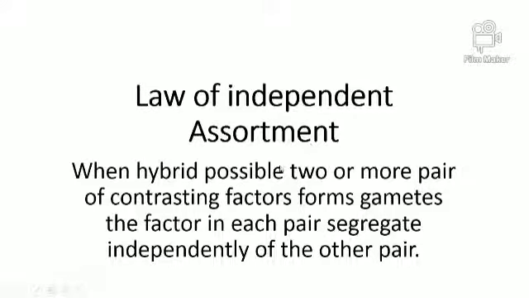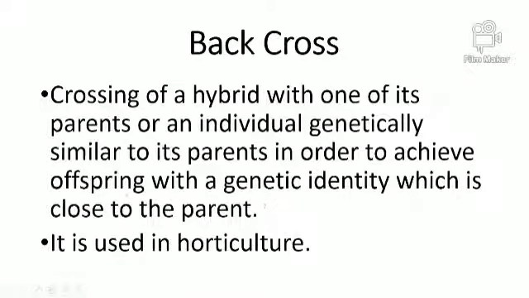So even though two or more contrasting factors are present in the gamete, each is responsible for the next factor coming in a hybrid. But these factor pairs separate or assort independently, so that we have the other contrasting characters.